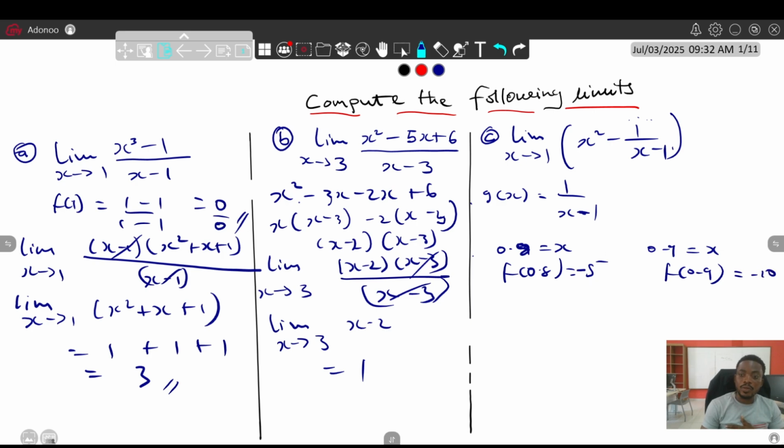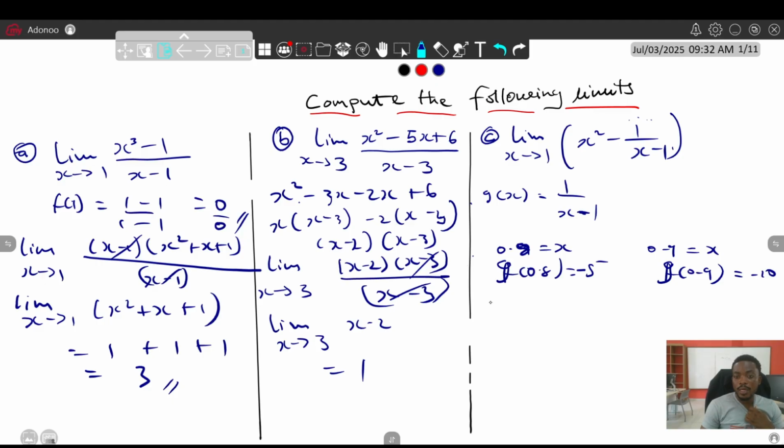Okay, so clearly we can see that as we are heading towards 1 from the left, the value of g of x is approaching negative infinity.